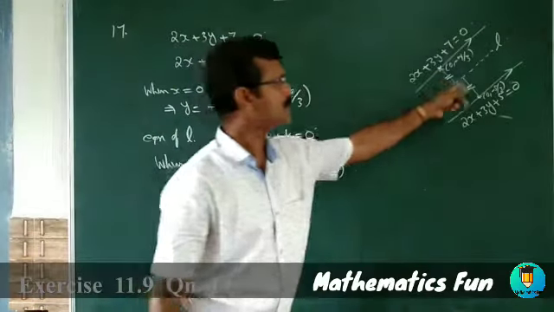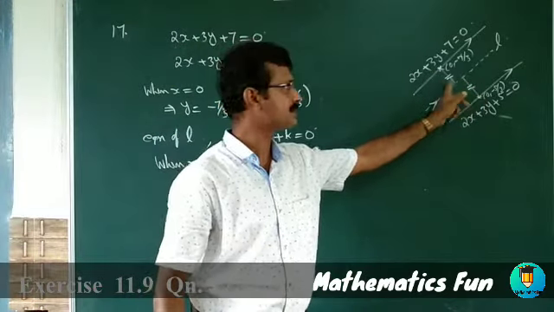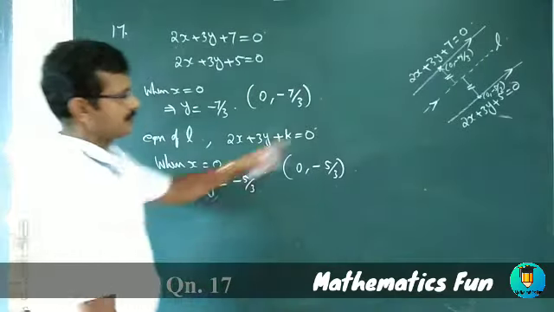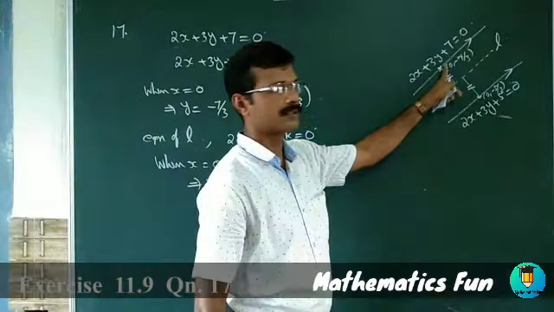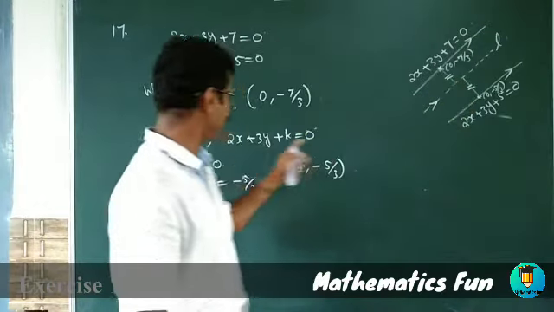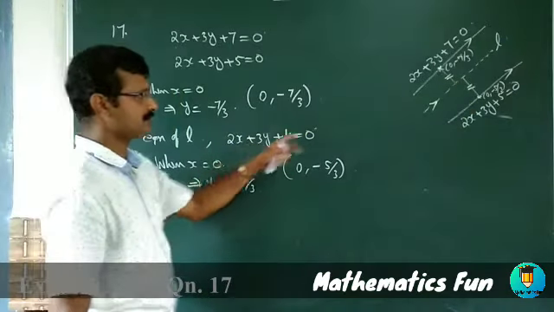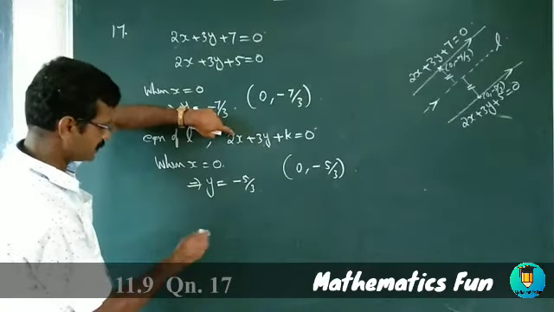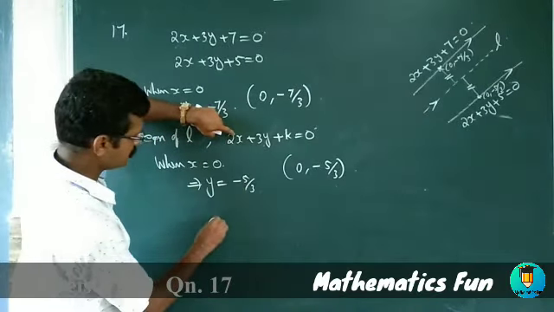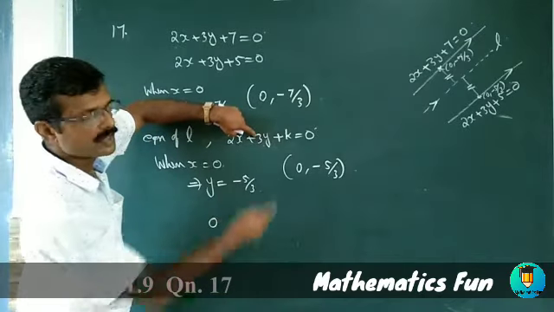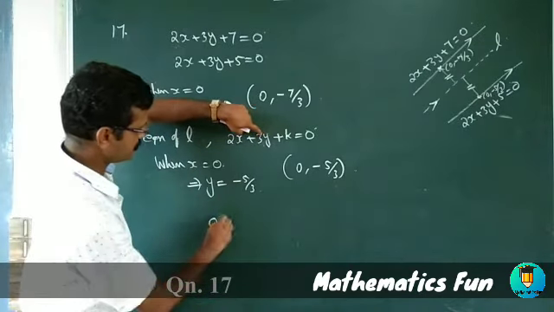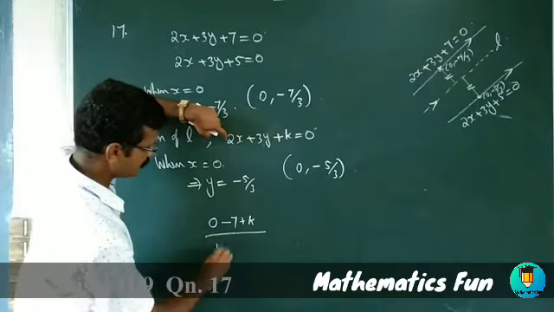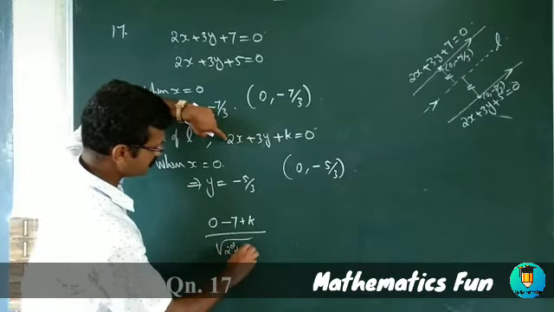Now I am going to equate the distance. The line is midway, so these two distances will be equal. I will apply the distance formula with the help of this point and this line. Putting x is equal to 0 and y is equal to minus 7 by 3, the distance is absolute value of minus 7 plus k divided by under root 2 square plus 3 square.